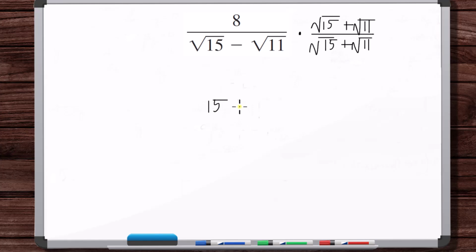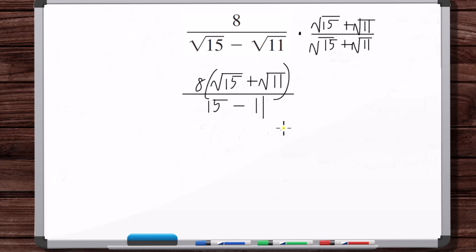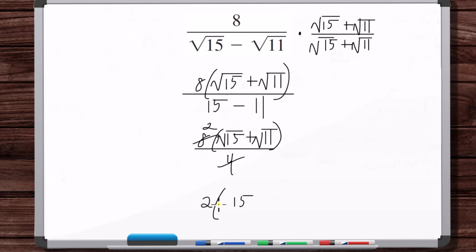And the square root of 11 squared is 11. So we've got 15 minus 11 is 4. And there we go.